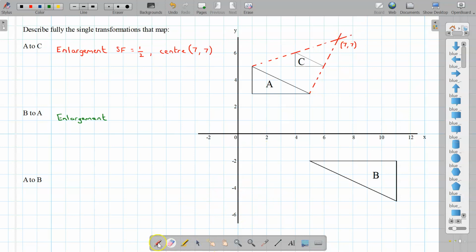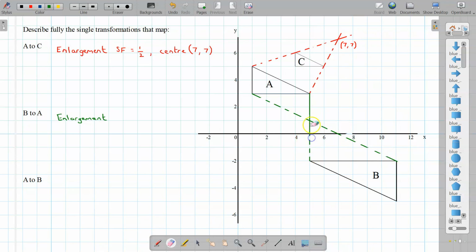Now I'm going to go back to the green pen and do the ray lines for this one. I'm going from the sharp point of the triangle there to the sharp point of the triangle there, and then from the right angle here to the right angle here. I've taken 2 ray lines, and that's enough for me to see where the center of enlargement is.